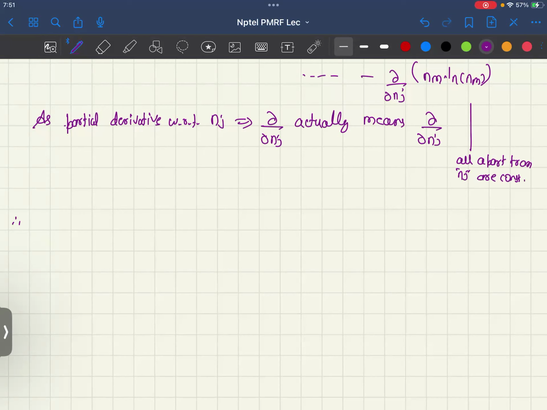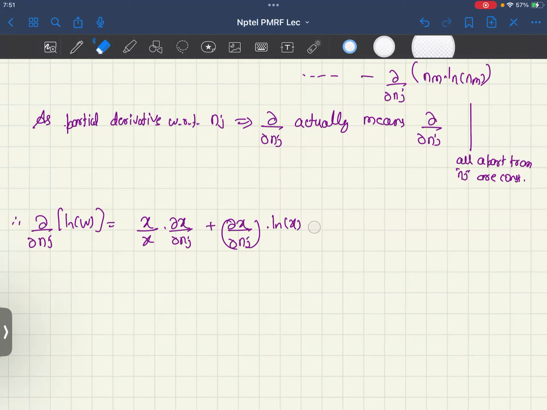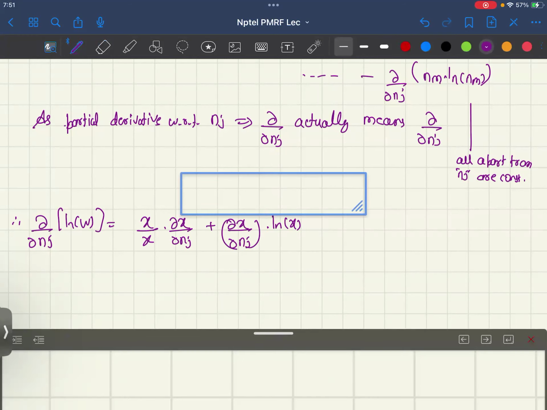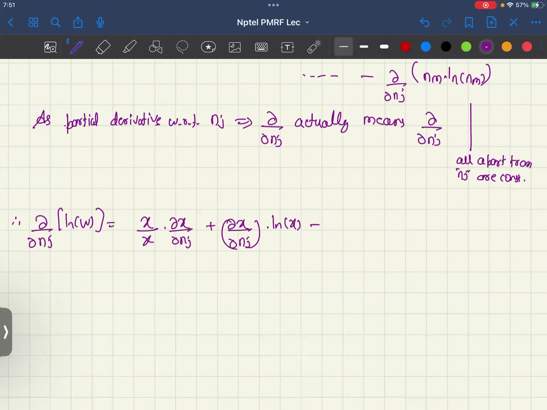Therefore, dou by dou nj of ln of omega is nothing but x by x into dou x by dou nj plus dou x by dou nj into ln of x minus dou by dou nj of nj ln nj.